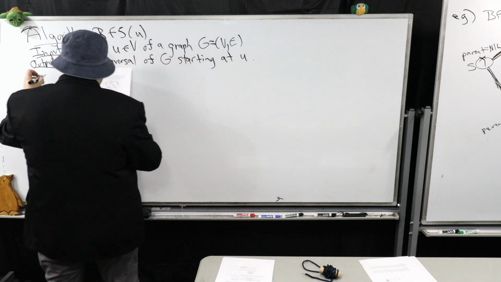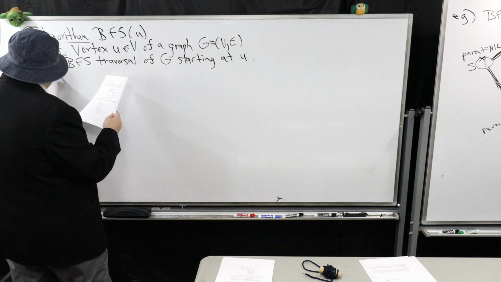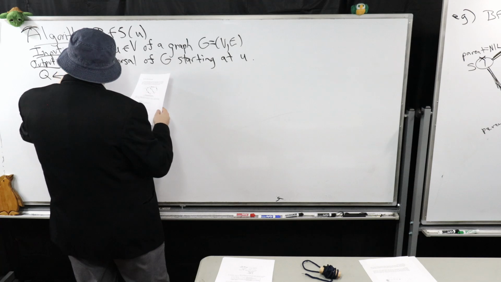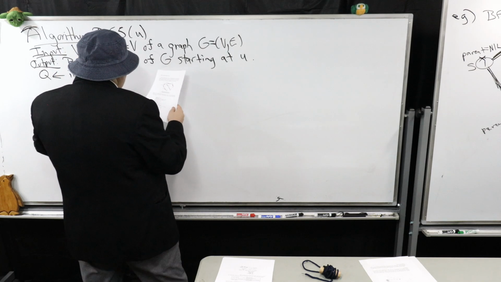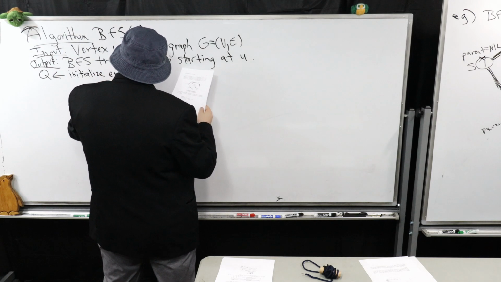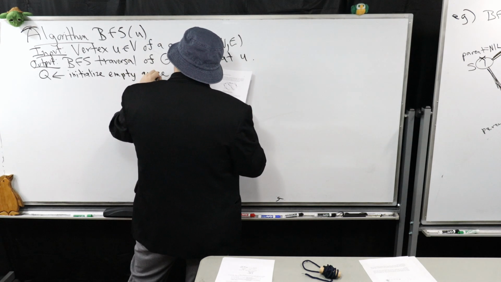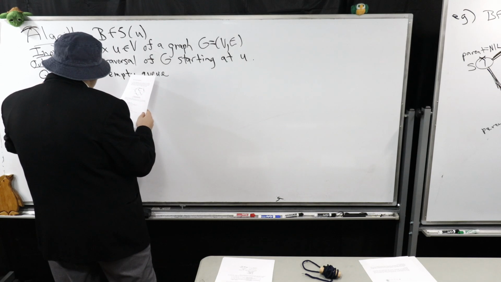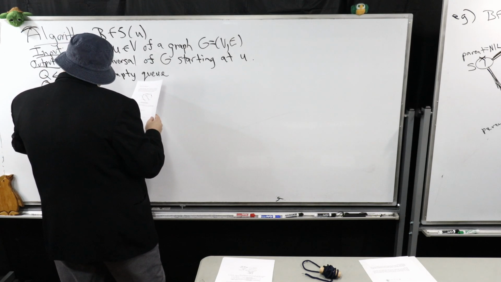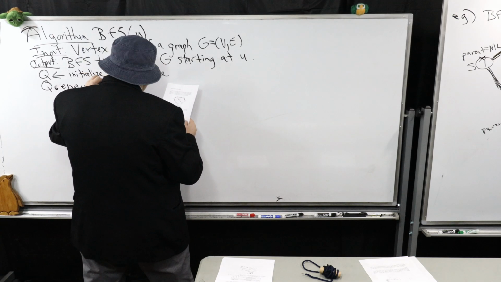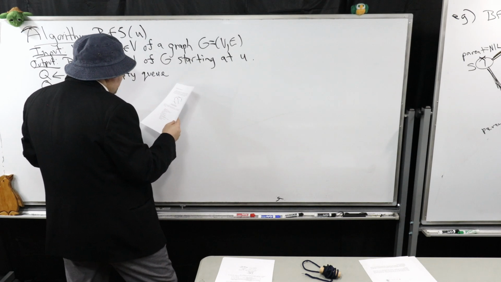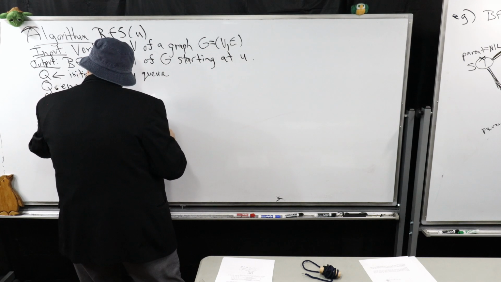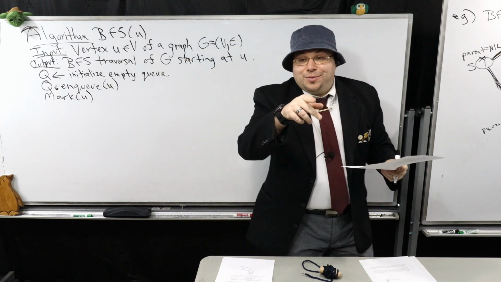So we're going to start off by initializing an empty queue, which I'm going to call Q. And then I'm going to do Q dot enqueue U. So I'm going to place U in, and then I'm going to mark U.